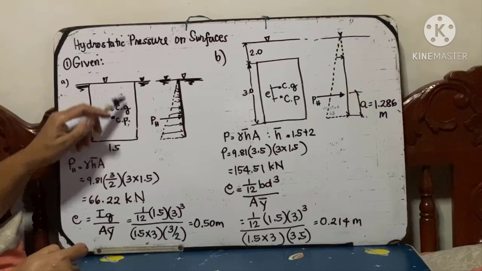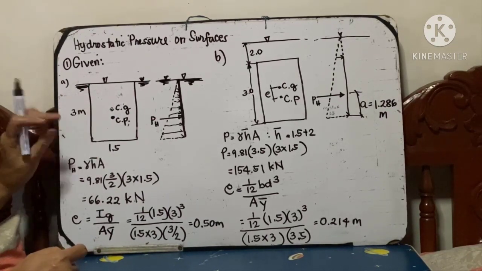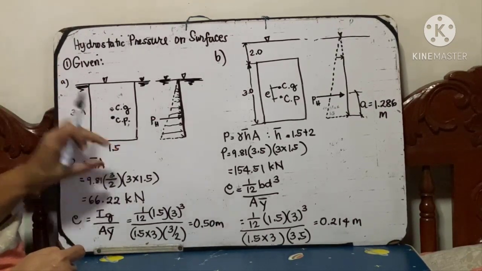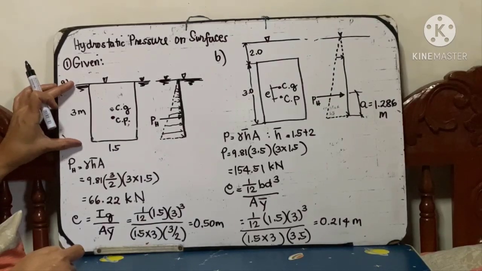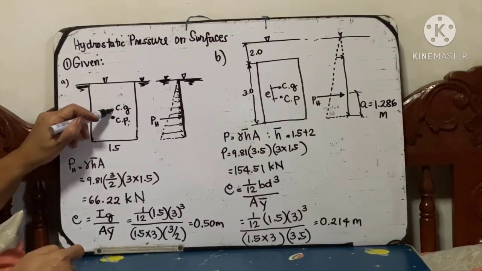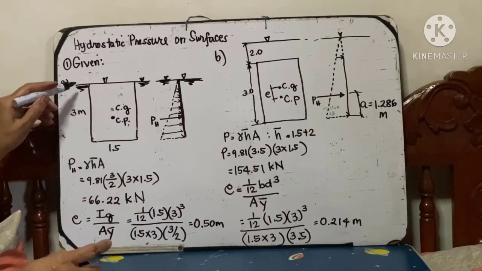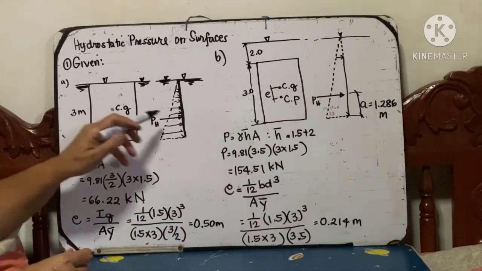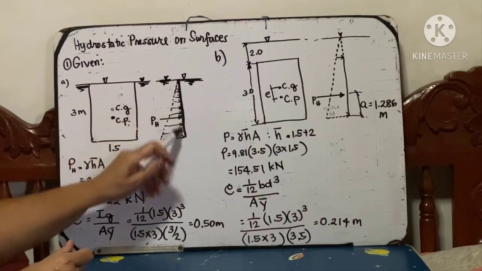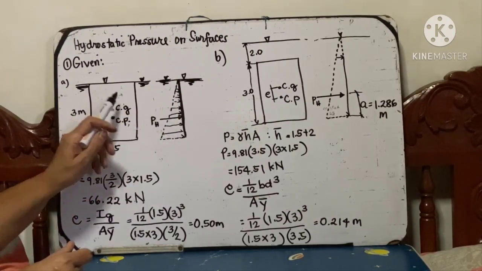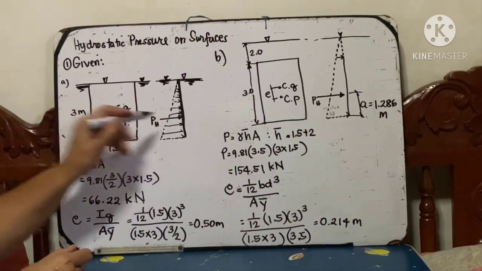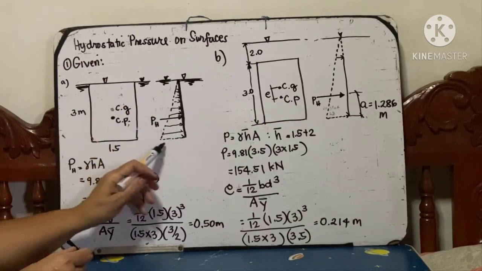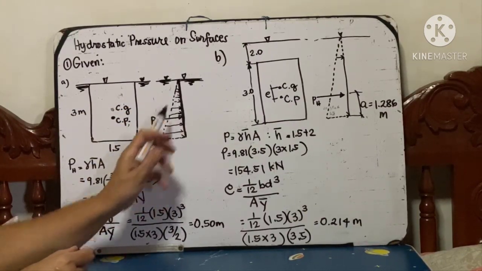The centroid of this surface is kalahati nung width saka kalahati nung height. So, nandun yun. That's the center of gravity. If this is immersed in a fluid at rest, and you are going to look at it on the side view, ito yung side view ng surface na ito, ito ay acted upon by hydrostatic pressure.